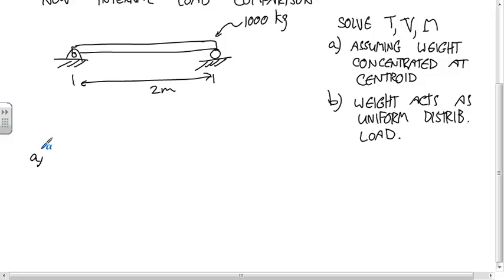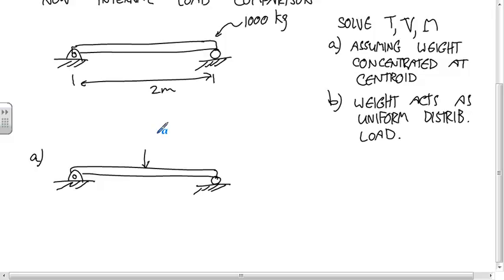Okay, so for part A, the problem is this. And we've already calculated those reactions, so I'm not going to do that again.